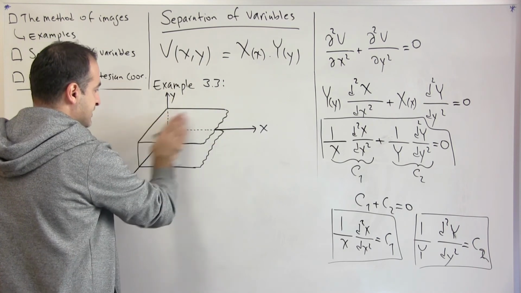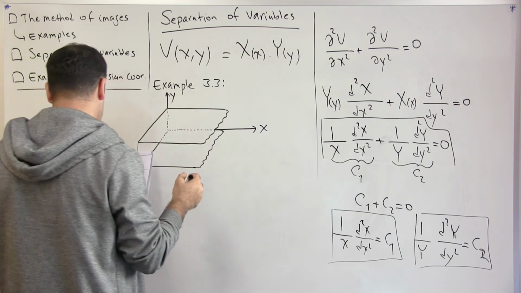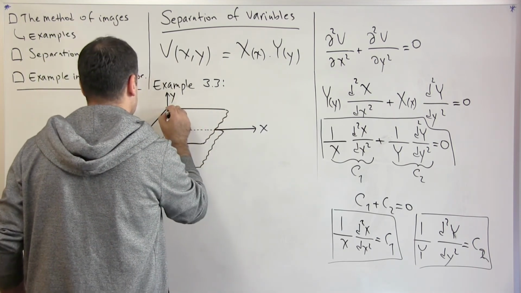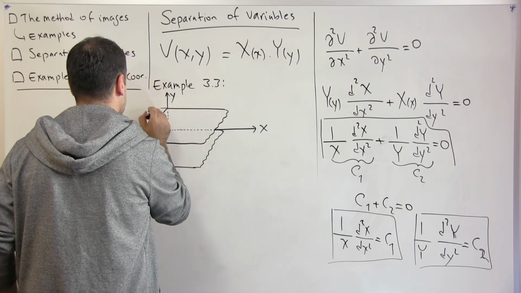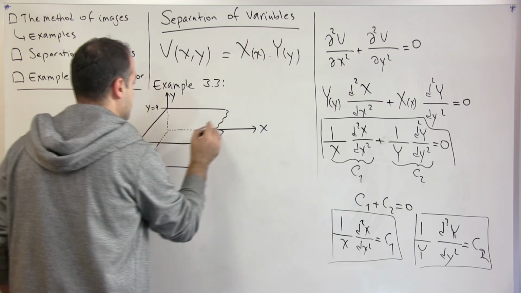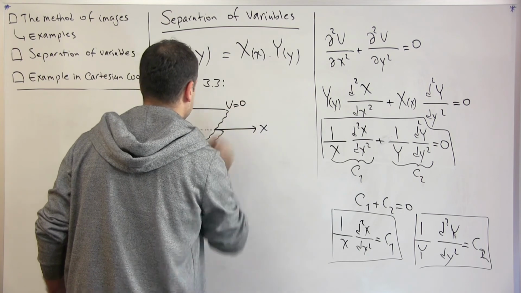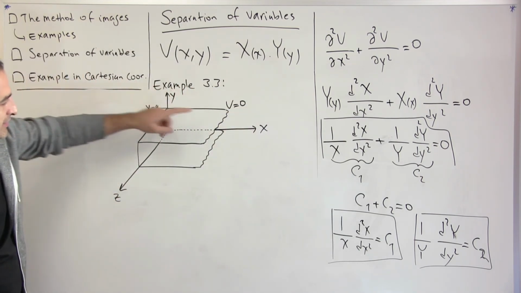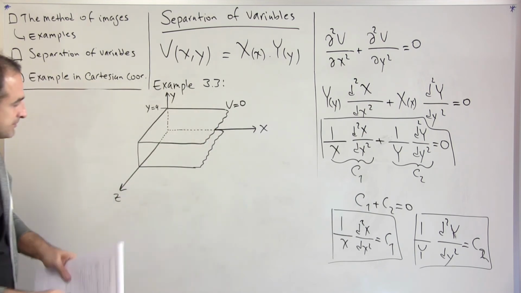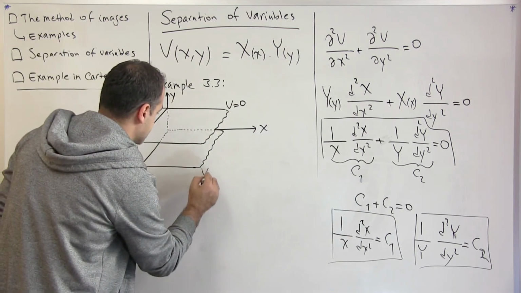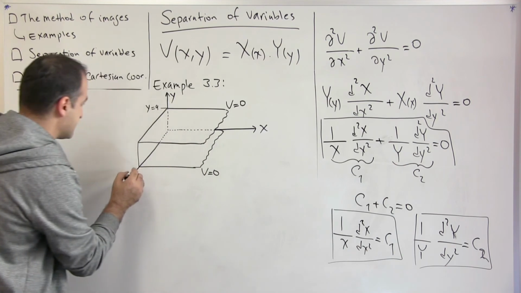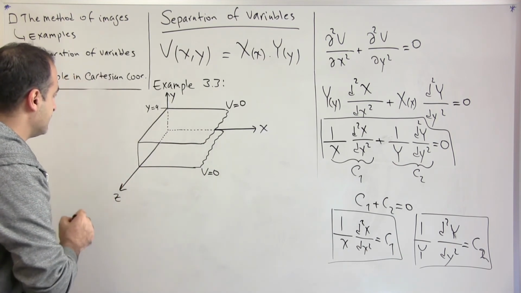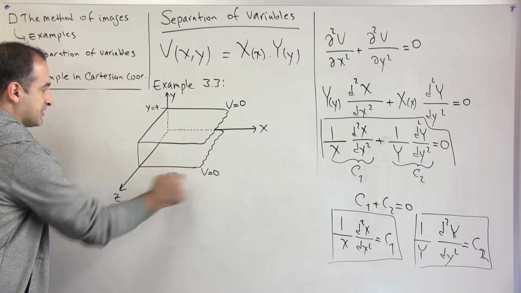Potential on this plane on the top, which is at y equals a, is 0. This is the surface of a conductor, with potential set at 0. On the bottom, at y equals 0, potential is 0 as well.